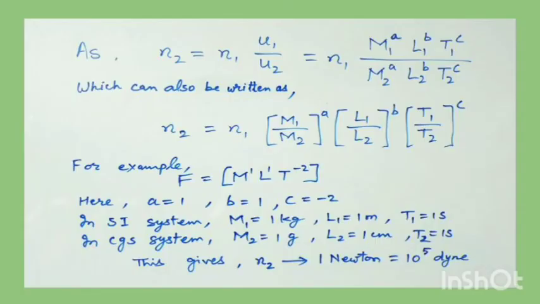As N2 is equal to N1 times U1 by U2, which is also equal to N1 into M1 to the power a, L1 to the power b, T1 to the power c divided by M2 to the power a, L2 to the power b, T2 to the power c, which can also be written as N1 times M1 by M2 to the power a into L1 by L2 to the power b into T1 by T2 to the power c.